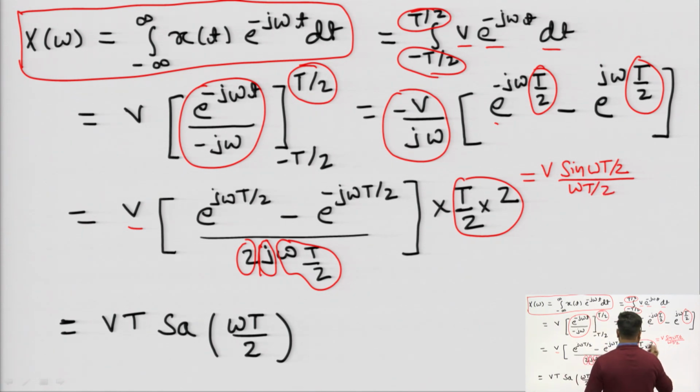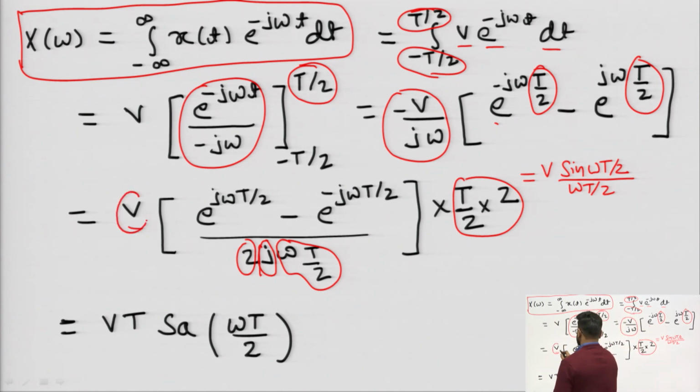So we get V times e to the power j omega T by 2 minus e to the power minus j omega T by 2, divided by 2j, which gives us sine of omega T by 2. So it will be V into T, sine of omega T by 2 by omega T by 2.